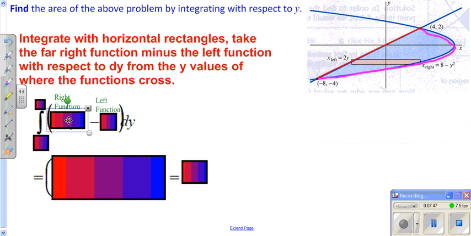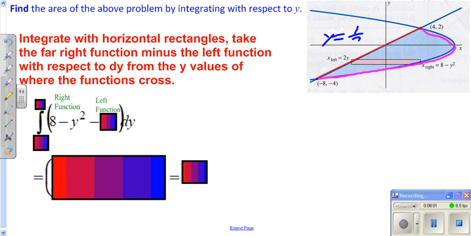So we need to have everything in here, since we're integrating with respect to dy, in terms of y's. So here's your function on the right. Now your function here on the left was initially y is equal to 1/2 x. You need to go ahead and solve that for x so that you can plug that in, because you need to have y's in here, not x's.